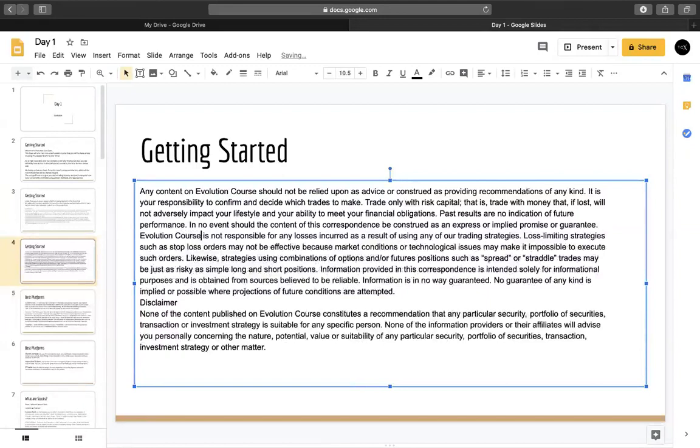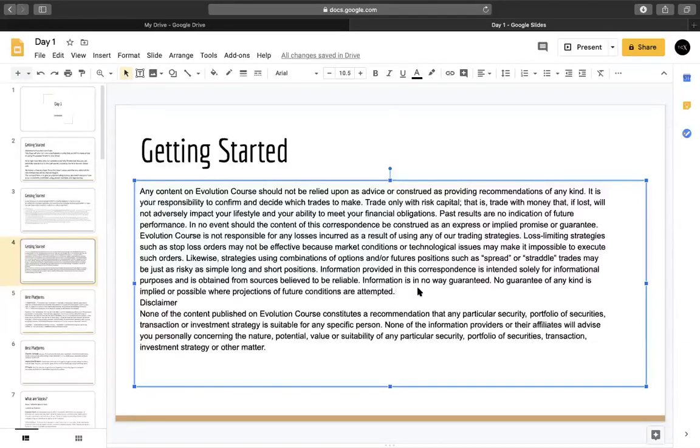Evolution Course is not responsible for any losses incurred as a result of using any of our trading strategies. Loss limiting strategies such as stop loss orders may not be effective because market conditions or technological issues may make it impossible to execute such orders. Likewise, strategies using combinations of options and futures positions such as spreads and straddles may be just as risky as simple long positions. Information provided in this correspondence is intended solely for informational purposes and is obtained from sources believed to be reliable.